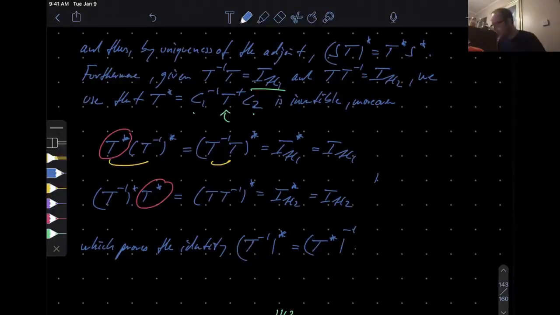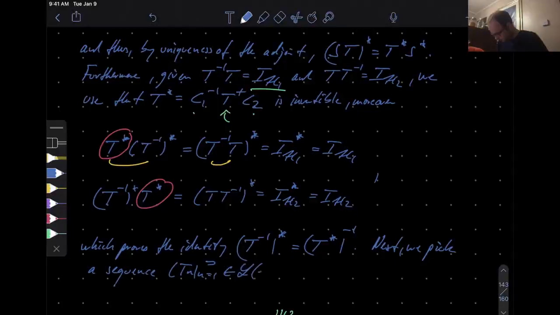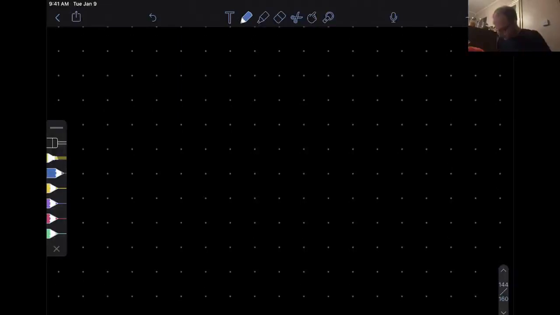Okay, so next we pick a sequence Tn of bounded linear transformations from H1 to H2, so that Tn goes to T in L(H1, H2) as n tends to infinity weakly and uniformly.